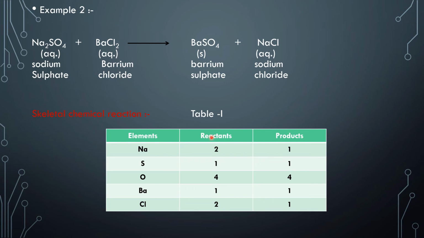Observe the given table. In the table, the number of atoms of sodium and chlorine are 2 in the reactant, but in the product their number of atoms is 1, and the number of atoms of sulfur, oxygen and barium are the same in the reactant and product columns.